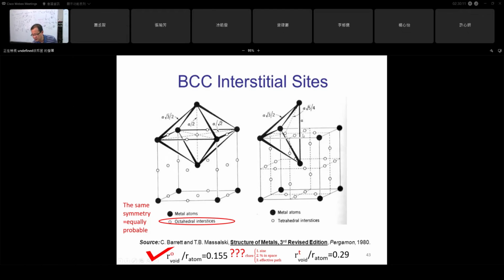So the effective length is 0 because they move nowhere. That's why for interstitials in BCC, they choose the octahedral site. Small atoms can occupy octahedral and tetrahedral sites, but the one that really contributes to diffusion is octahedral because they indeed move somewhere.